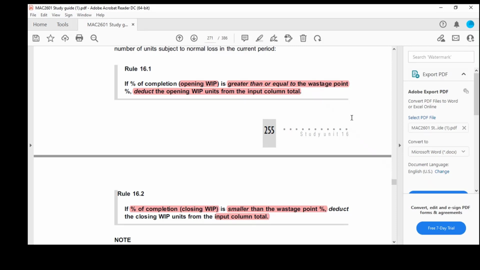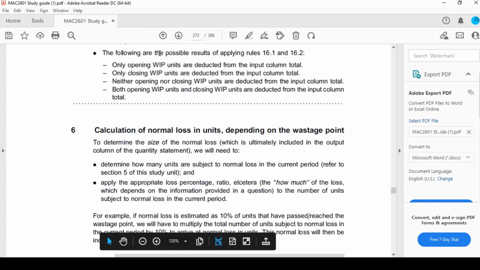Rule number 2 says if closing WIP is smaller than the wastage point, you deduct the closing WIP from the input total. All good. The following are the possible results when we apply rules 1 and 2.